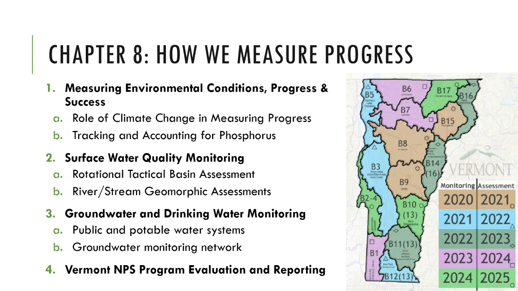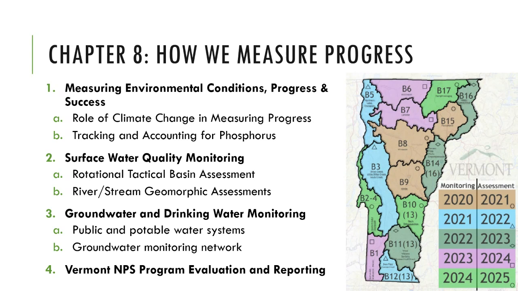And then the last thing that's important about measuring progress, I think, is evaluating how we're doing and also using reporting as a tool to get the word out to the public on how we're doing and what our efforts have been.